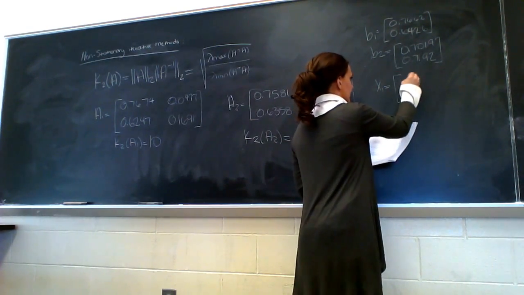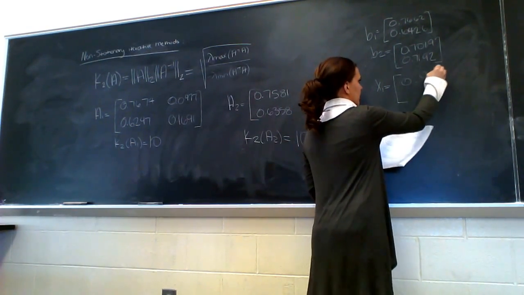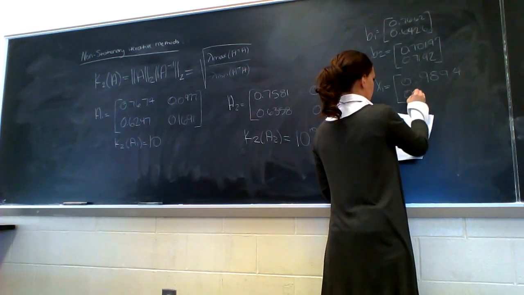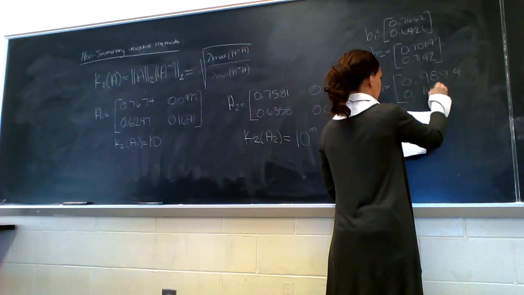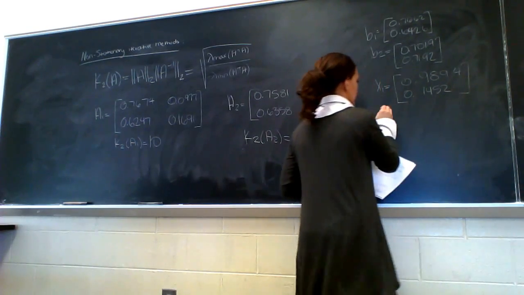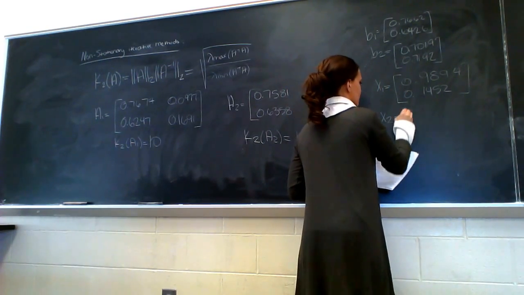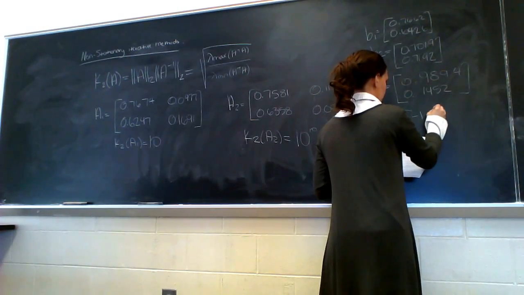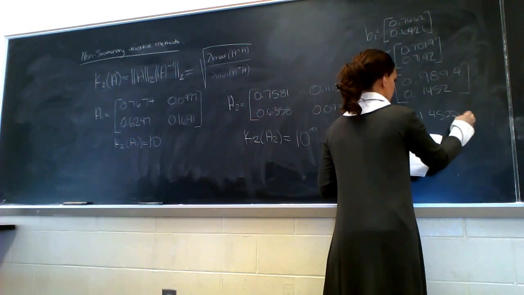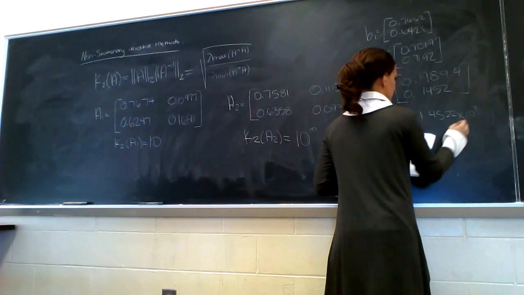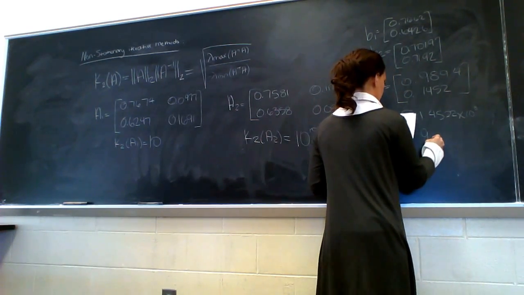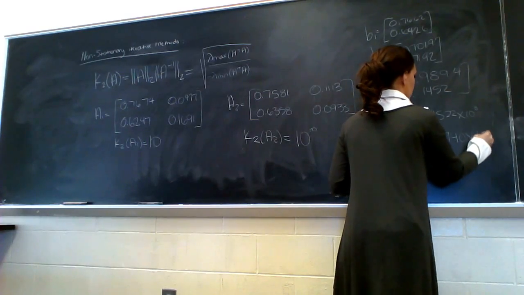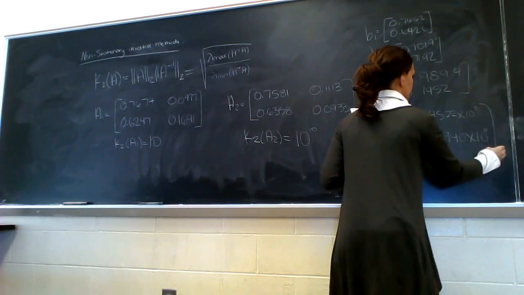So X1 is 0.9894, 1452, and then X2 is negative 1.4522 times 10 to the 8, 9.8940 times 10 to the 8.